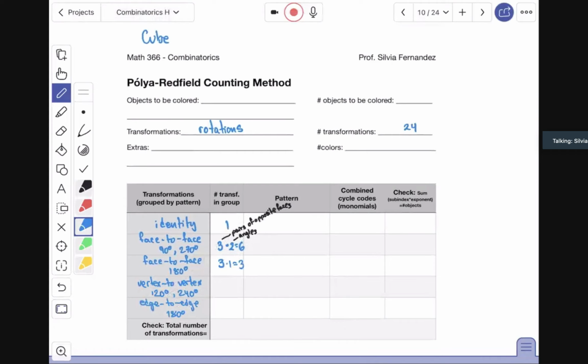And so let me start with the vertex to vertex. You place one vertex on top of one vertex on top of the table, and there is another vertex that's opposite to it. Like, I don't know if you can see this. Yeah. And then you spin right there. Okay?